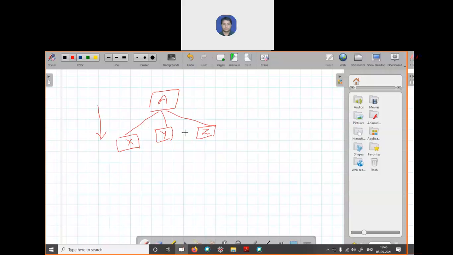We have some entities, and if it is possible to club them into a single entity, it is called generalization. Like we have three entities, X, Y, Z, and if it is possible to club them into a single entity, it is called generalization. Generalization is just the reverse process of specialization.